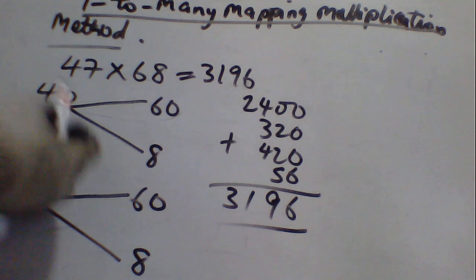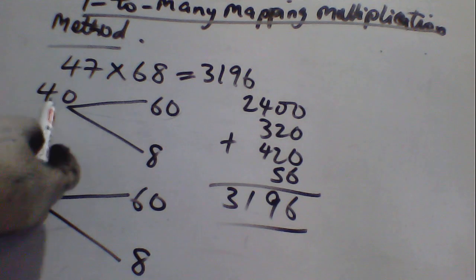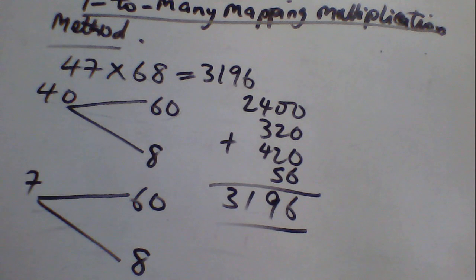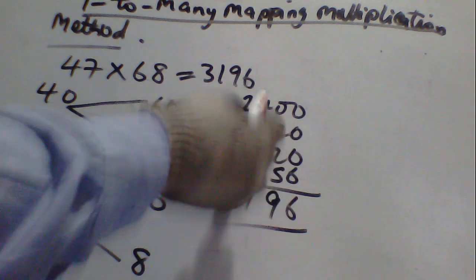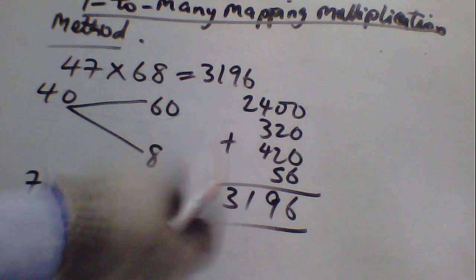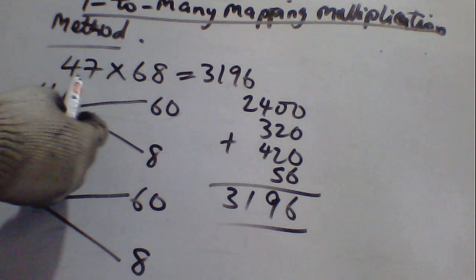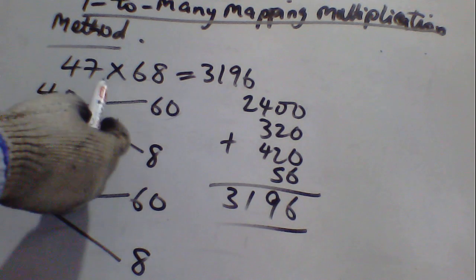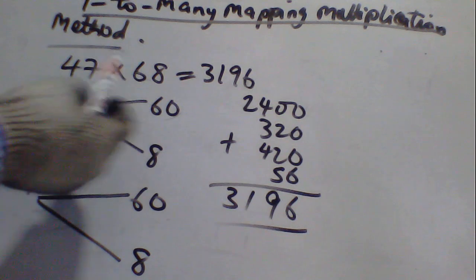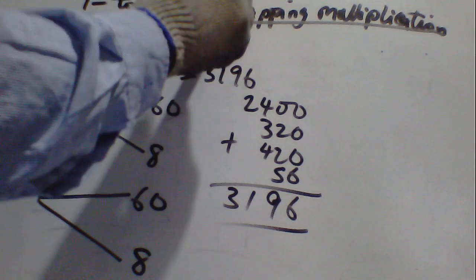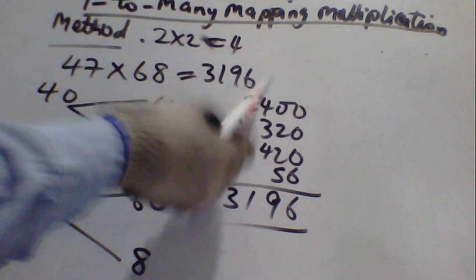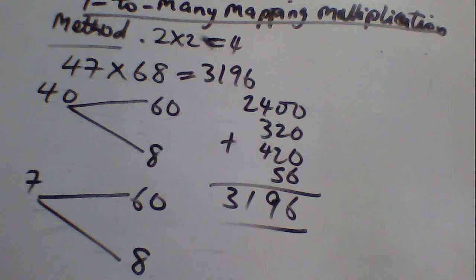So you also split this into its members, possibly into tens and units. So the number of rows you will get before you add is equal to the product of the number of digits, 2 by 2, and that gives us 4. So you have 1, 2, 3, 4. That is it.